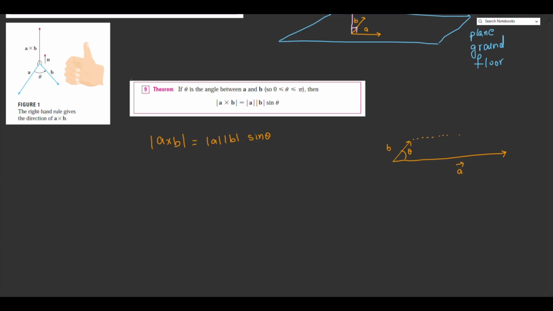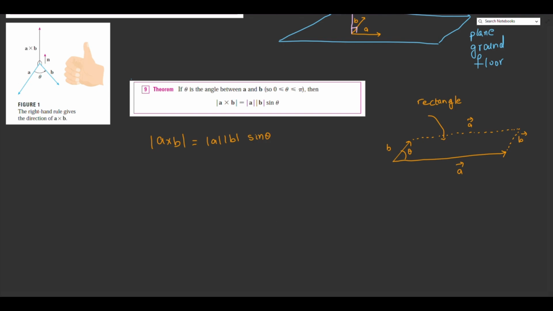And moreover, if you translate this vector A here, and also make this vector B here, this thing is kind of a rectangular object. So when we take the magnitude of A cross B, it will give us the area of this rectangle.